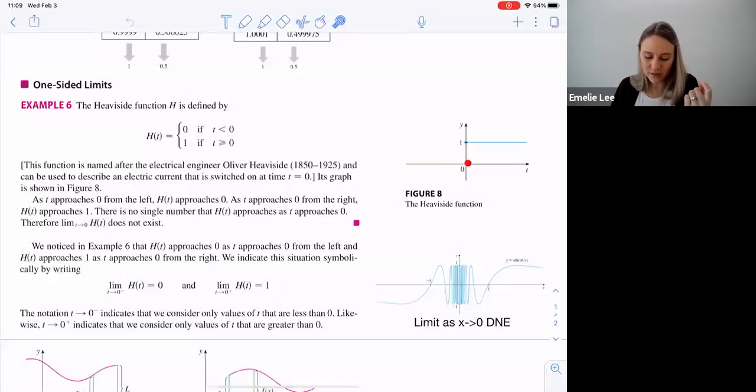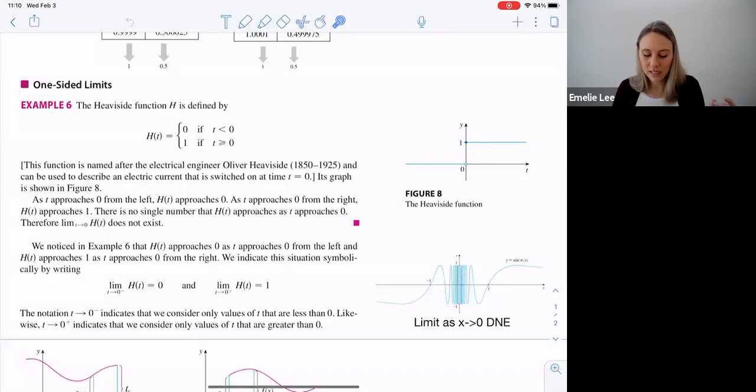So here it's 0, 0, 0, and then at time 0, it switches to 1, right? So it's jumping between 0 and 1. And this is an on-off switch for power, or a light switch maybe. Up until time 0, it's off, and then it switches on.